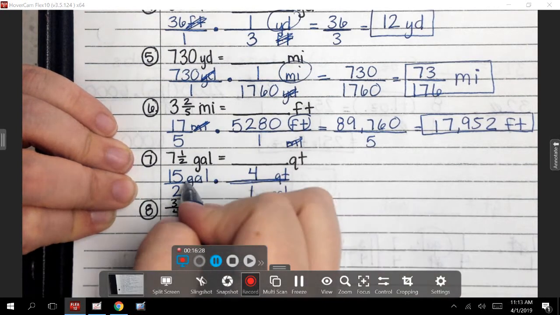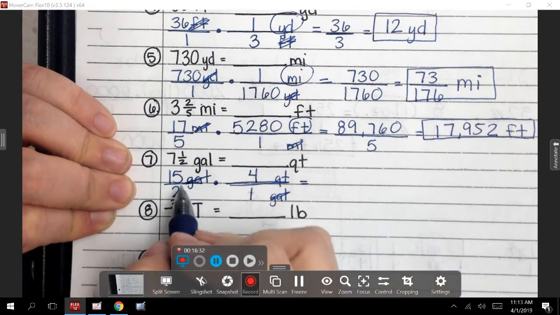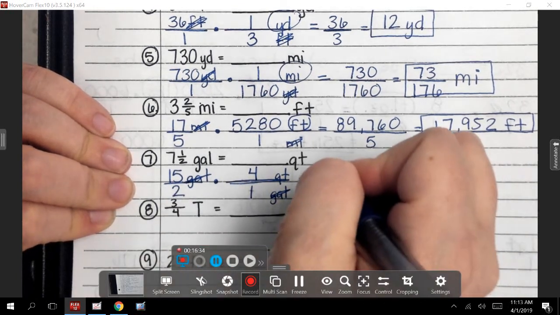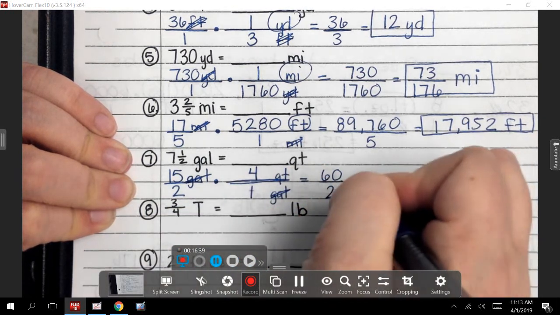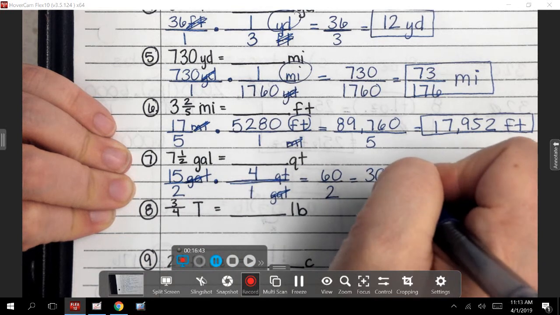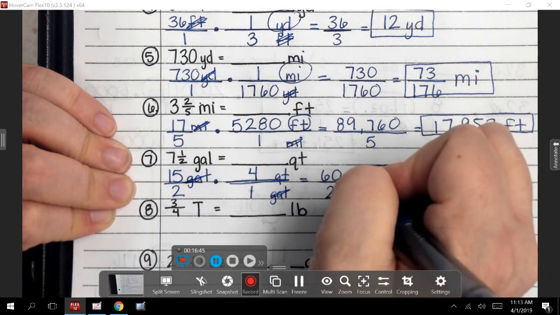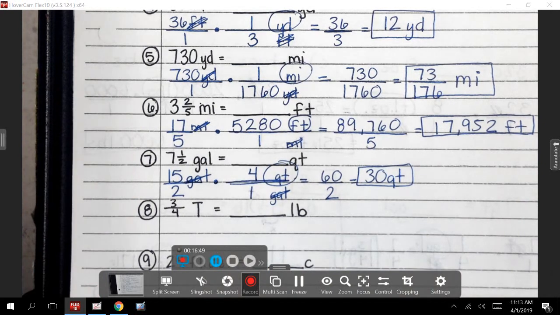All right, before I start doing the math, I want to make sure to mark those out so they don't get in my way. All right, 15 times 4 gives me 60, and 2 times 1 is 2. When I simplify 60 over 2, that gives me 30 quarts, QT. Making sure we use that measurement that was left over that I did forget to circle.